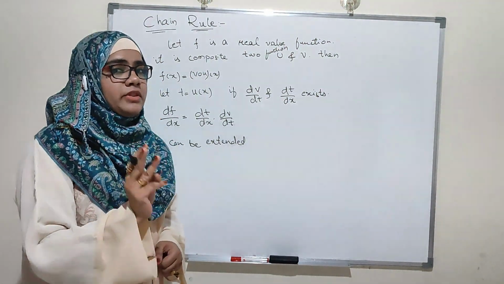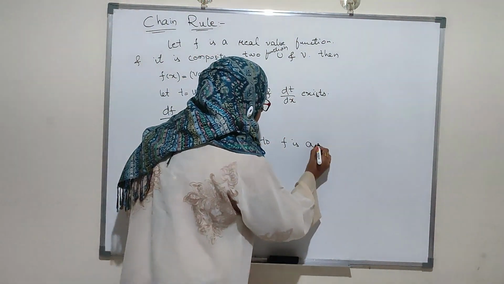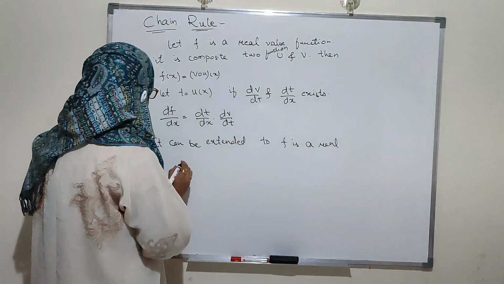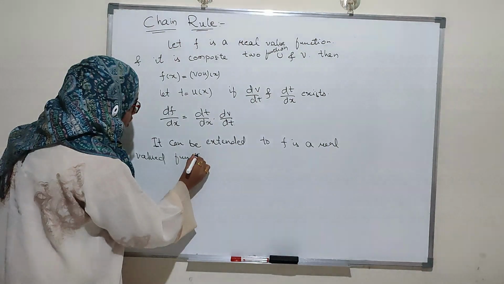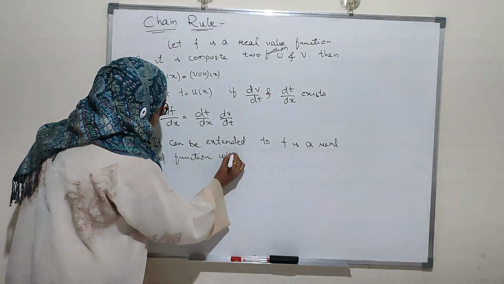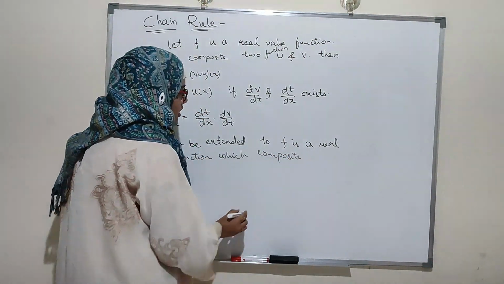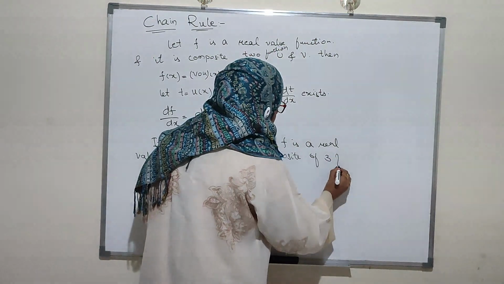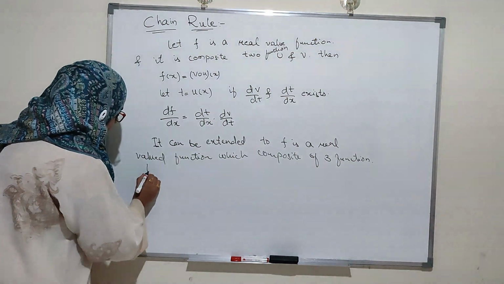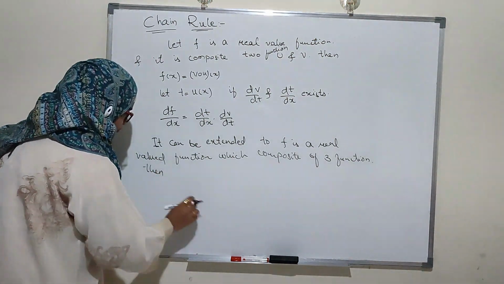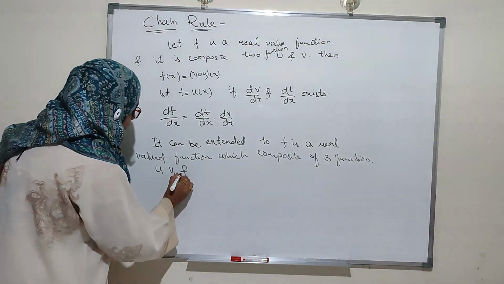Suppose f is a composite of three functions, so f is a real valued function which is a composition of three functions, which we are taking as u, v and w.